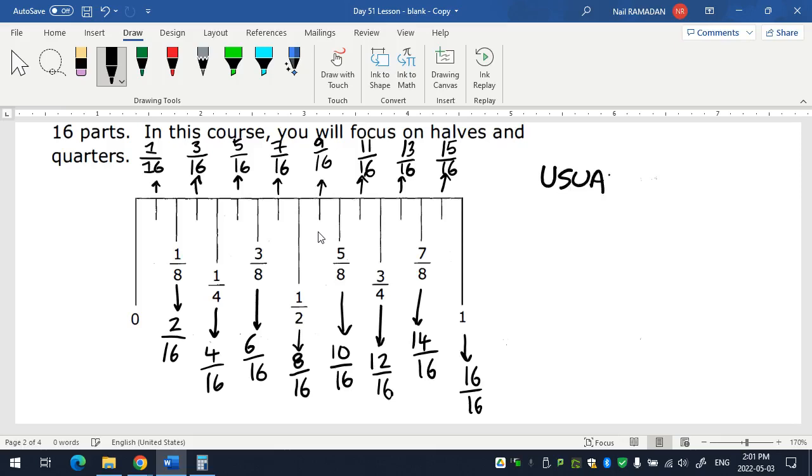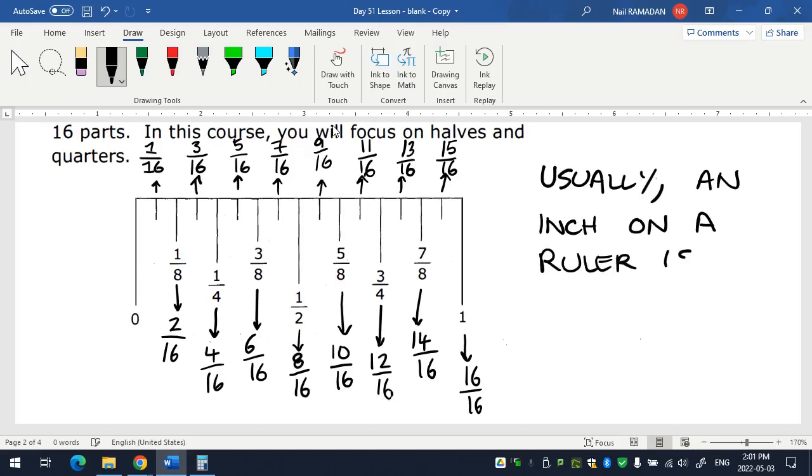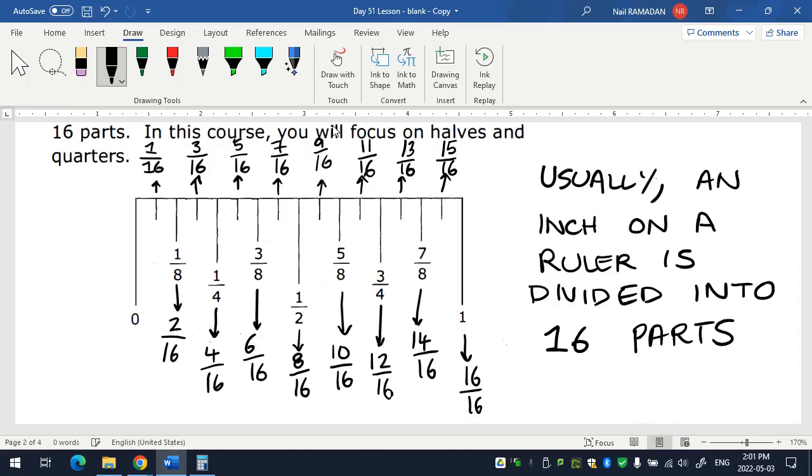Usually, an inch on a ruler is divided into, how many did we say? 16. You can say parts or divisions or whatever. I'm going to call it parts because it's an easier word. 16 is the keyword. Done. That's it.